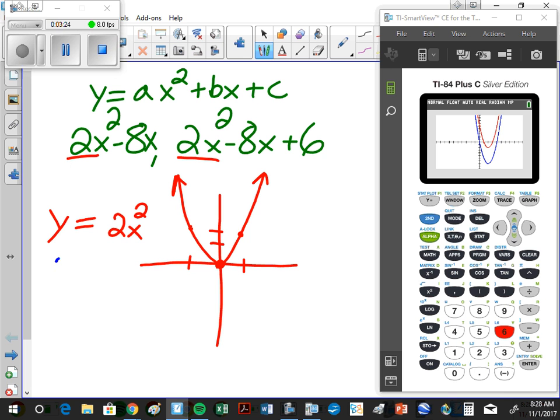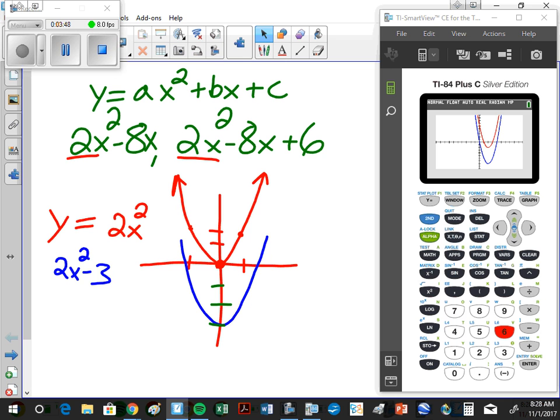All right? What if I did 2x squared minus 3? How does that change the graph? It's exactly the same shape, but it's lower. It's down 3. So I can take this parabola and move it down 3.